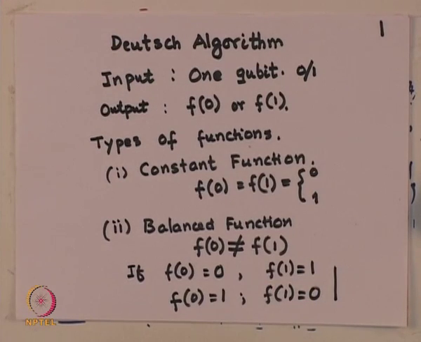Now supposing this is a very trivial programming task. Supposing I were to do it by a classical algorithm, how would I determine whether the function that I am calculating, which remember I have said is in a black box, is a constant function or a balanced function.